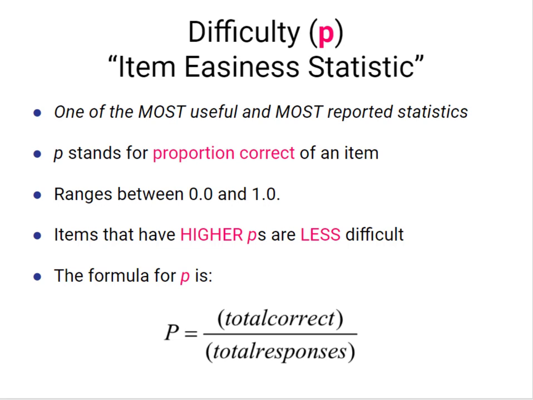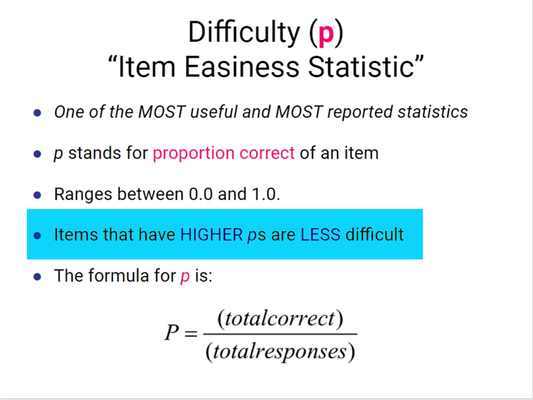So it will range from 0%, where nobody got that question correct, to 100%, where everybody got that question correct. And if you look at percentages in terms of decimal, then we would have 0.0 to say 0%, and 1.0 as your 100%.